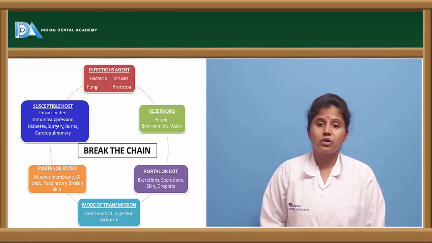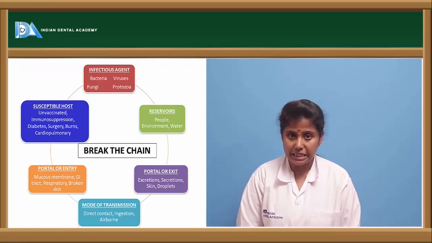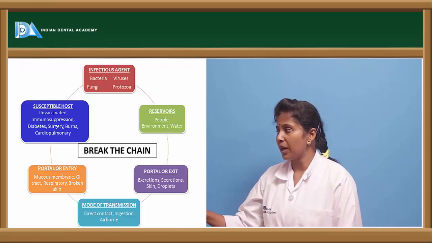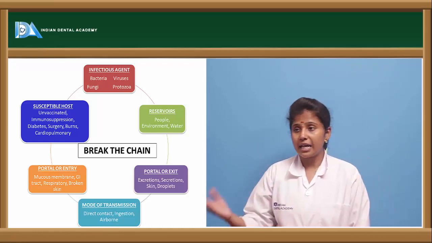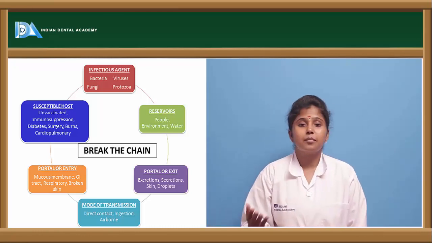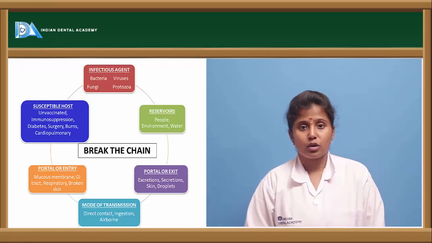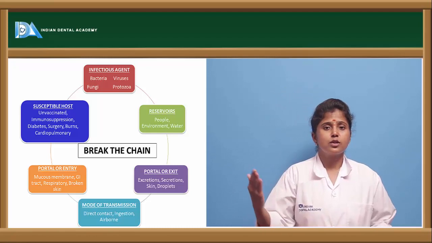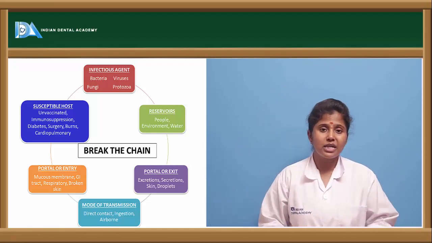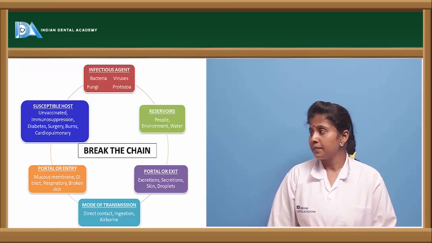Susceptible hosts are the people who are unvaccinated, who have not taken any vaccination, who have less immune activity, who have diabetes or surgery, burns, or cardiac related disorder. All these persons are considered to be hosts for the microorganism. So we need to break this chain, otherwise the infection will spread.